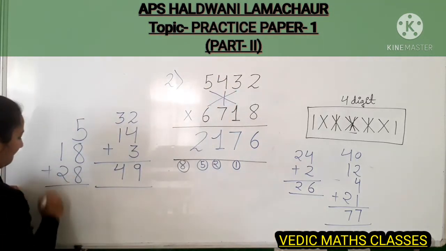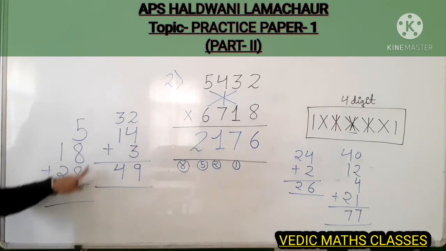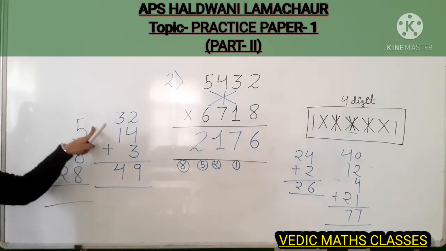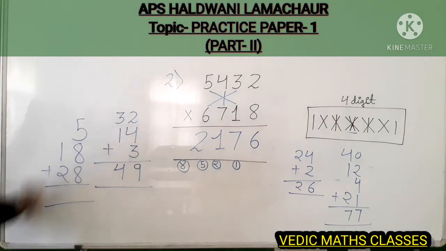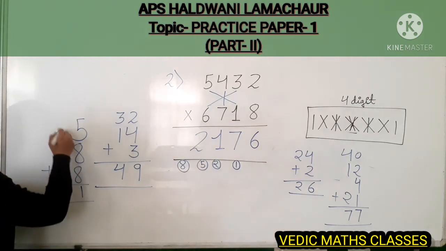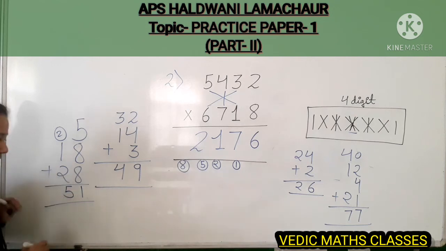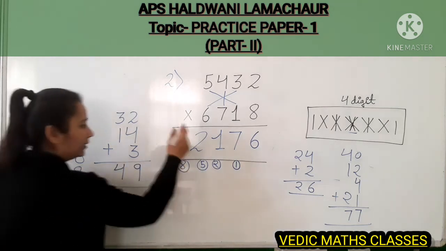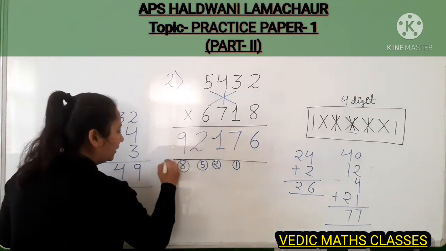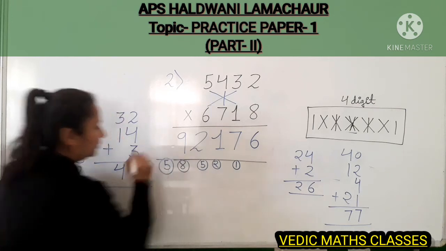Add them. 8 plus 8, 16, 16 plus 5, 21. 21, 1 here, 2 will go carry. 2 plus 2, 4, plus 1, 5. It's 51. 51 plus 8, it's 59. 9 will come here, 5 will go carry.